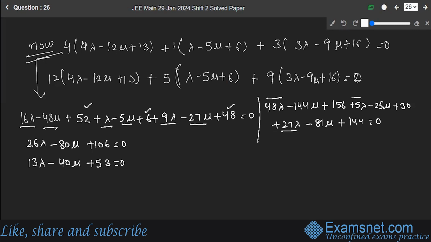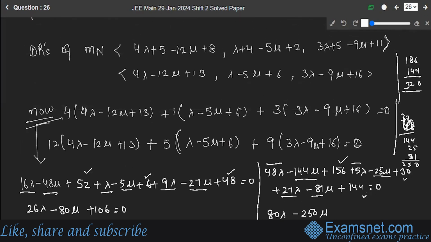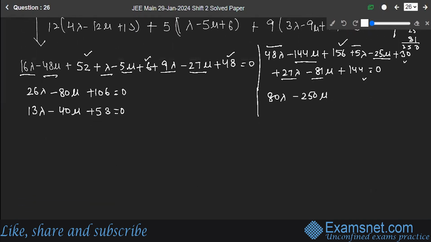So 48 and 5 and 27, that's 80 lambda, and minus 144, minus 25, minus 81, that's minus 250 mu, and 156, 30 and 144, that's 330. This is equal to 0.